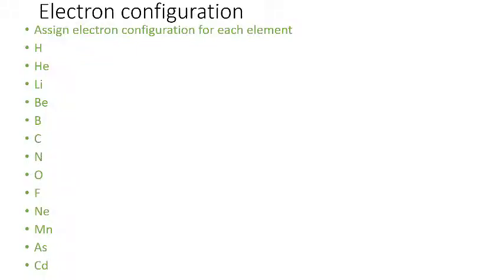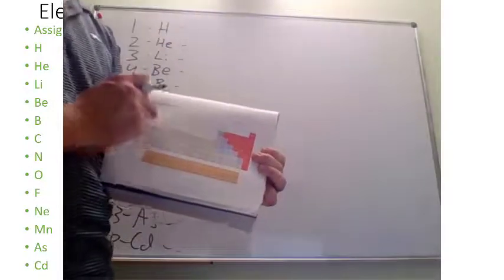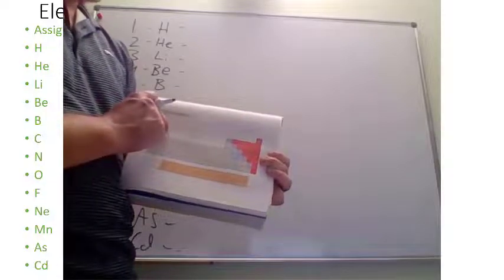Okay, when we go through these, we'll start with helium. The best way to do this is just to look at your periodic table and basically count boxes. Remember, helium is going to come back over in our S block.